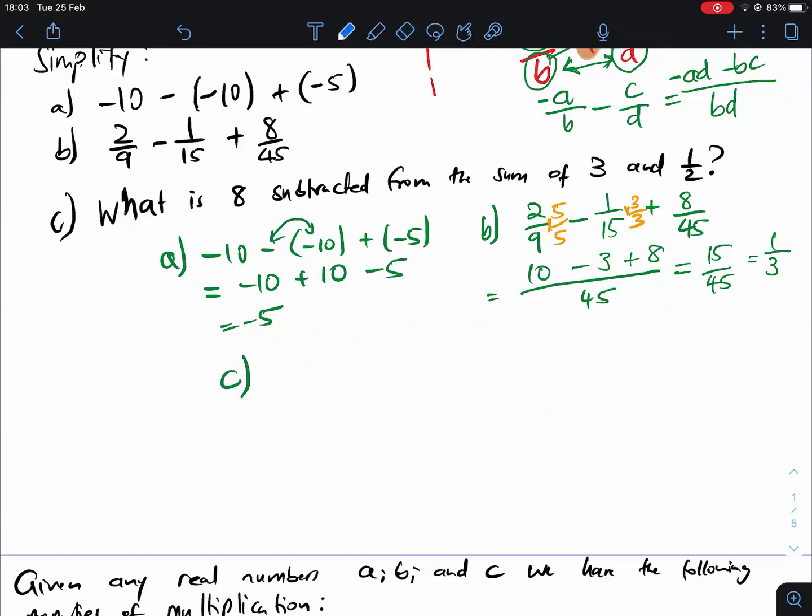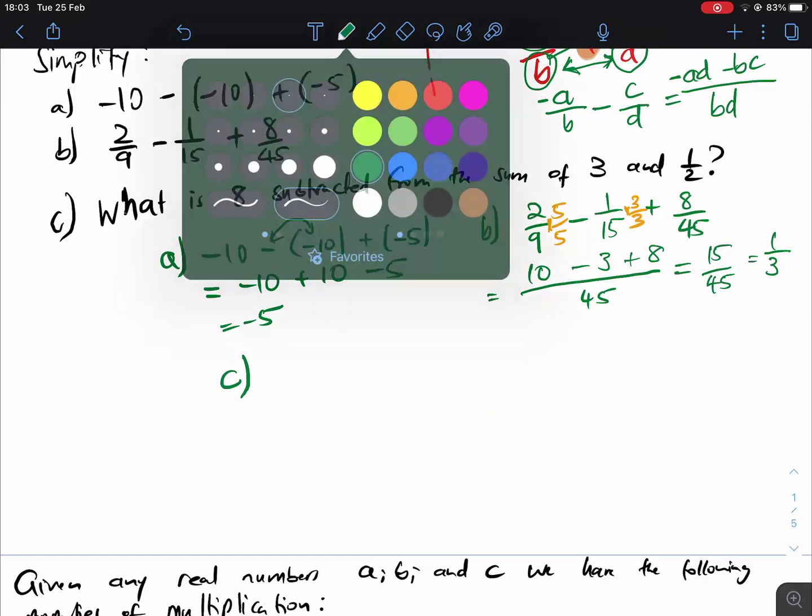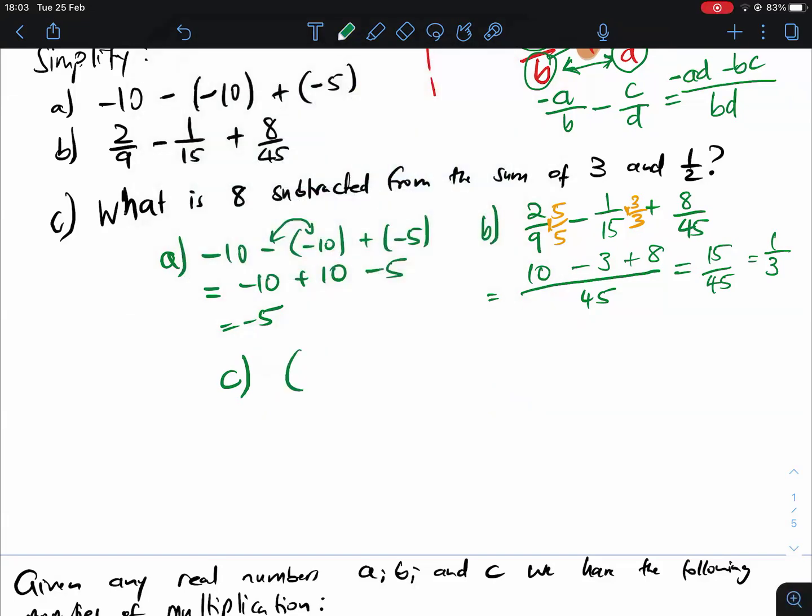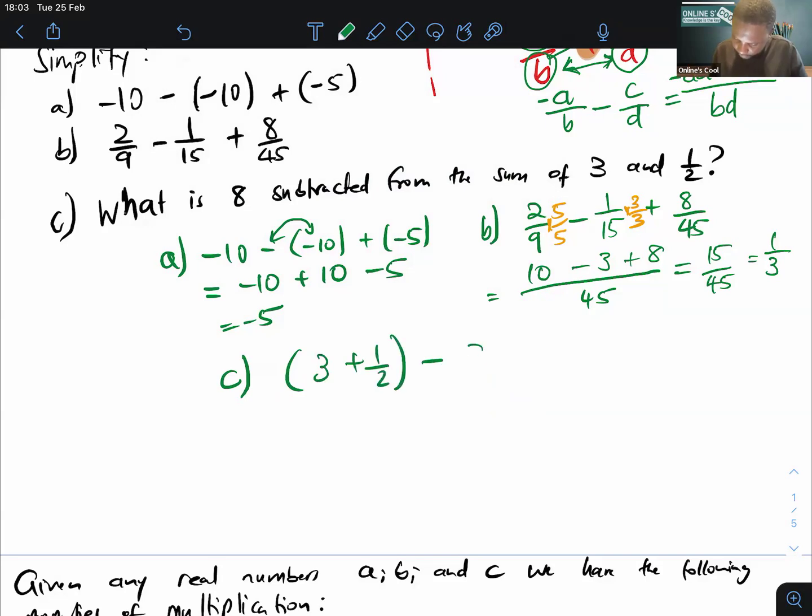So they add 3 and 1/2, and they subtract 8. It's the other way around. You must subtract 8 from 3 plus 1/2. That's how you will write it.